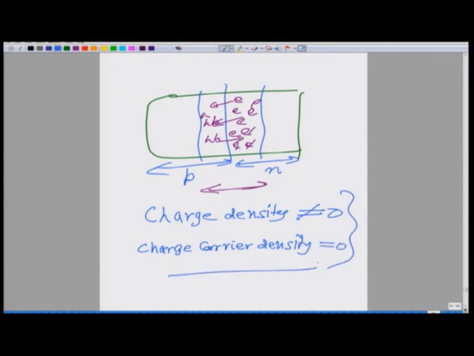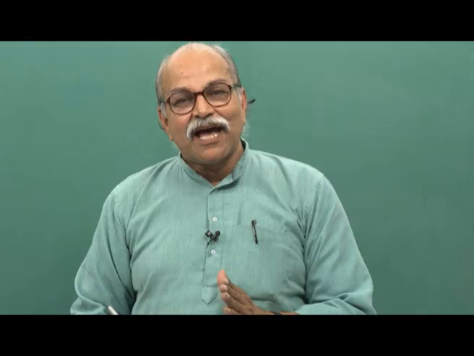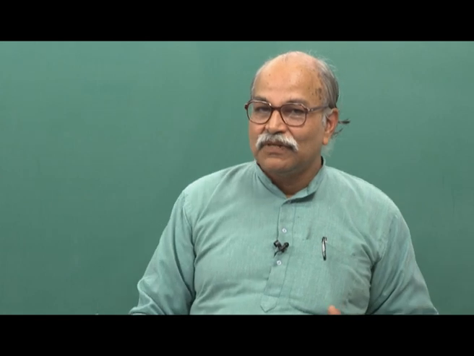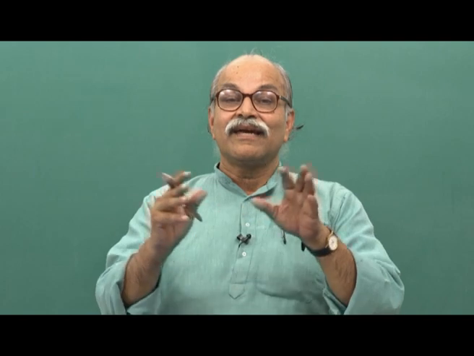When I started this lecture, I emphasized that although you are making the semiconductor p type or n type, although the number of conduction electrons is much larger than the number of holes, or the number of holes is much larger than the number of conduction electrons, the charge density in the entire material remains 0 on average.